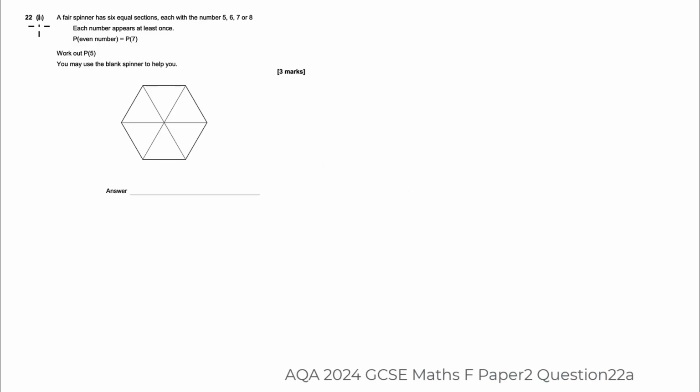So here's question 20. And part A, we're shown a spinner with 6 sections. We're told that these sections contain the numbers 5, 6, 7 or 8. Each number appears at least once, and the probability of an even number is the same as the probability of a 7 being spun.